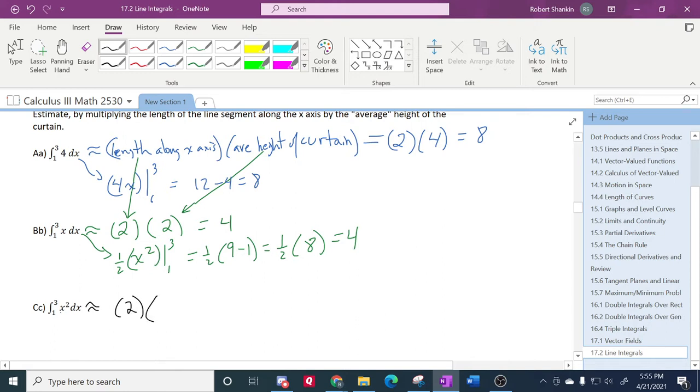The height, halfway between 1 and 3 is 2. I want to go a little bit to the right, but I've been overestimating so far. Maybe I'll just go a tiny bit to the right. 2.1 squared. And then I'm going to get 8.82.